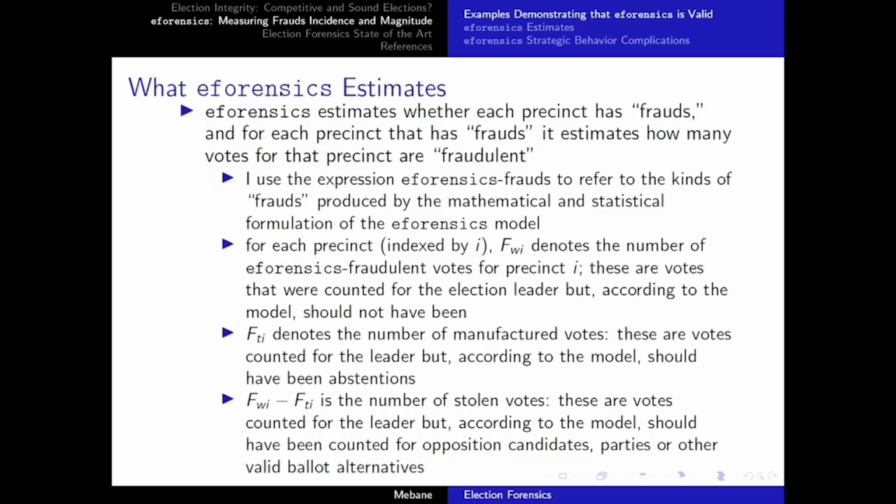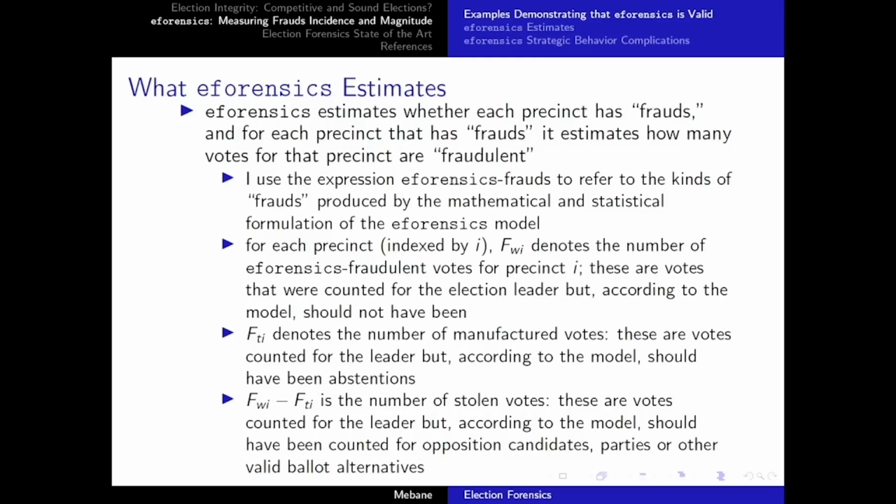And the only data it's using, by the way, is the count of the number of eligible electors, or registered voters, which in the United States you usually have, the number of votes cast, and the votes cast for a particular candidate you pick, say the candidate with the most votes. That's it. And it gets all this from just that.